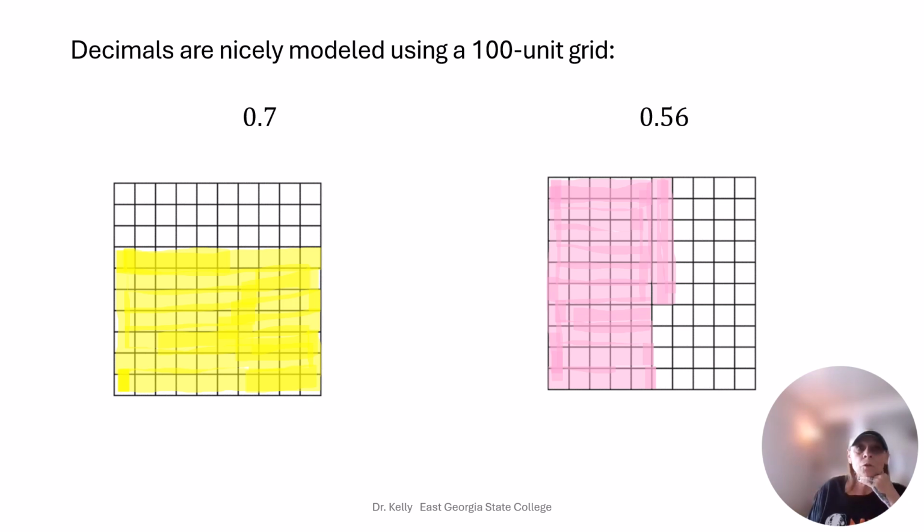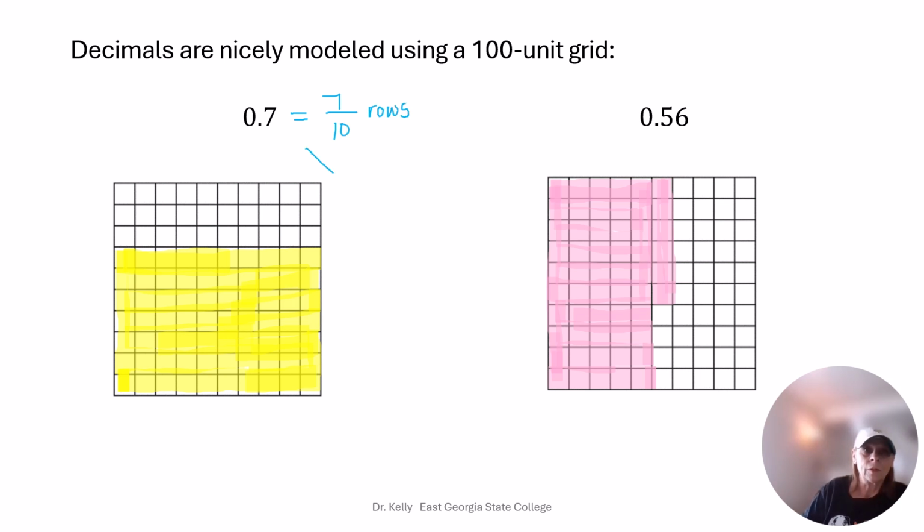All right, decimals are modeled beautifully with the 100 unit grid. You're going to see tons and tons of 100 unit grid stuff coming at you here in chapter 7, at least for the next couple of sections. And as you see, I have modeled 0.7 and 0.56. And again, you would want to reinforce this to your students, and you can reinforce it in a couple ways: this is 7 out of 10 rows, right?